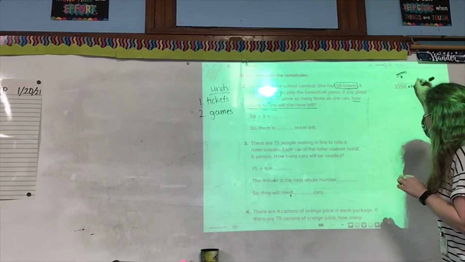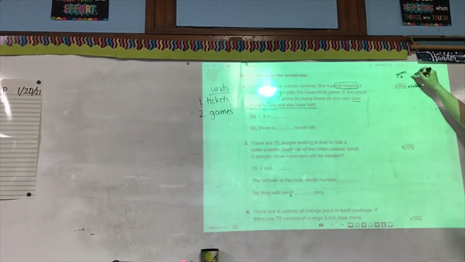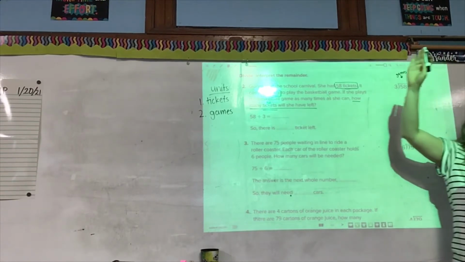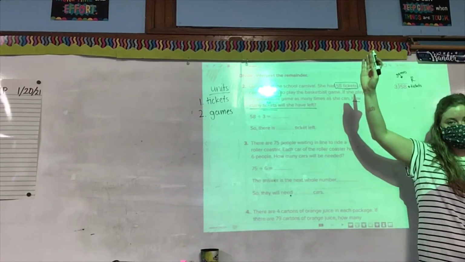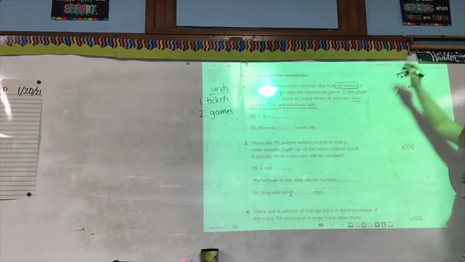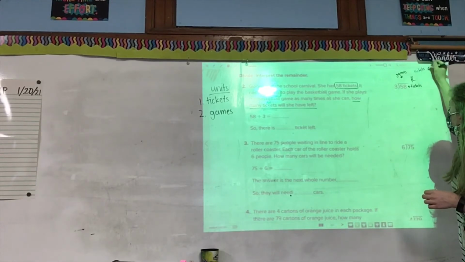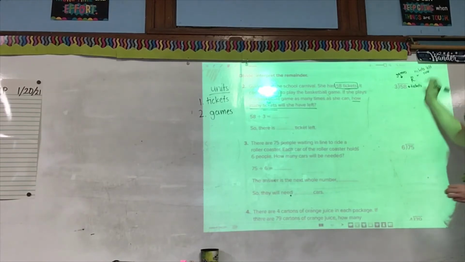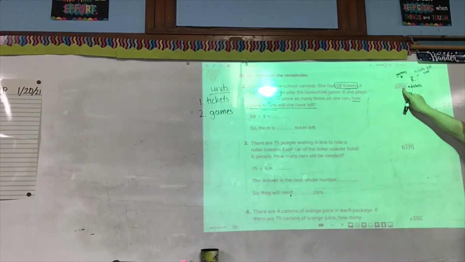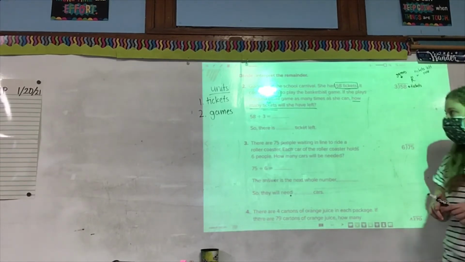The tickets she starts with, which means our remainder, if we have one, will represent what? How many tickets are left over. Tickets left over. Because the remainder represents the amount of the dividend that is left over. We already know the quotient is games.